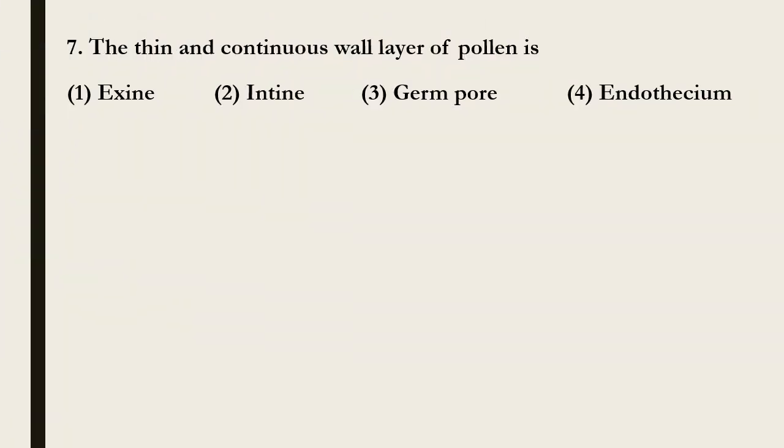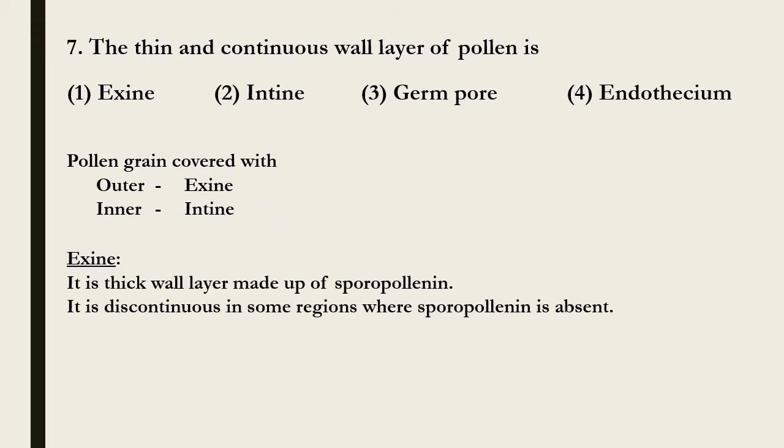Question number 1. The thin and continuous wall layer of pollen is: option 1, exine; 2, intine; 3, germ pore; 4, endothecium. So let's see. The pollen grain is covered with an outer exine and inner intine. Exine is a thick wall layer made up of sporopollenin. It is discontinuous in some regions where sporopollenin is absent.